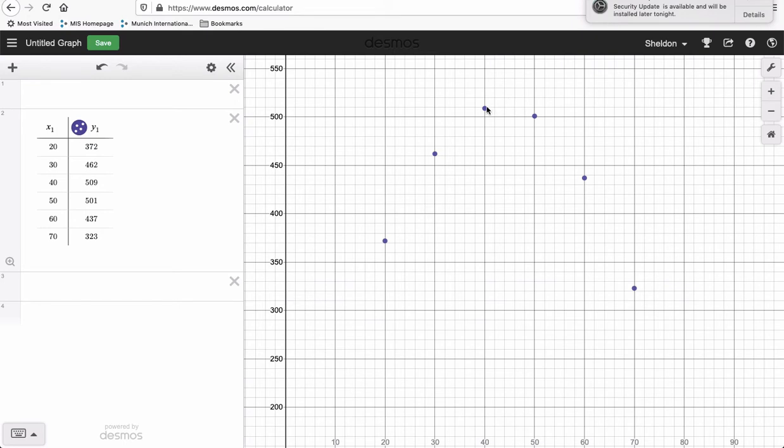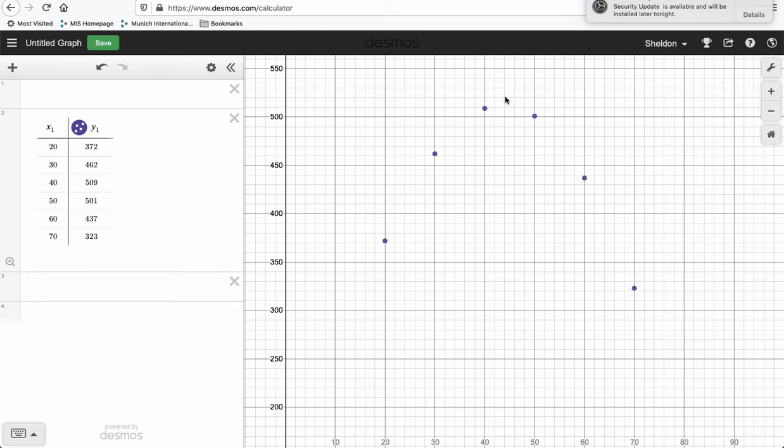Now, where's the vertex going to be? I think it's not going to be this point right here. It looks like it would be right about here somewhere, maybe that point right there. What is that point? The y value looks like it would be 520.